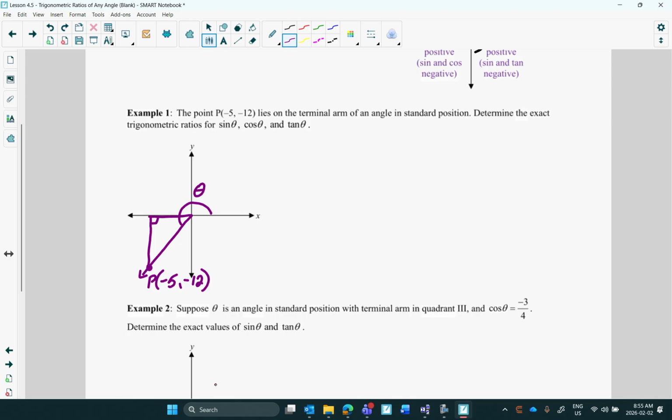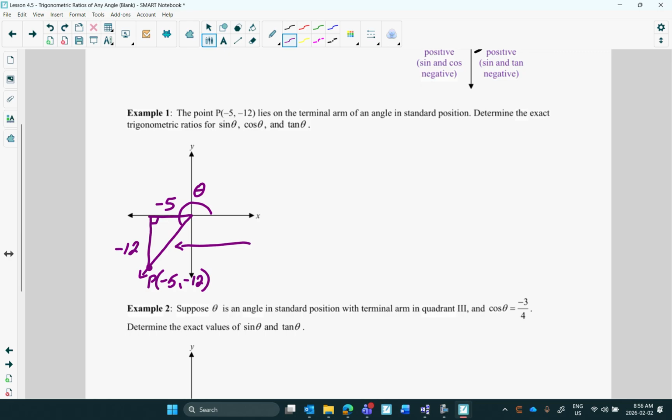Now, instead of x, y, and r, we're actually given values. What would this length be if this is (-5, -12)? This would be -5. What would this length be? But in order to find all the trig ratios, I need the hypotenuse. How would I find that?